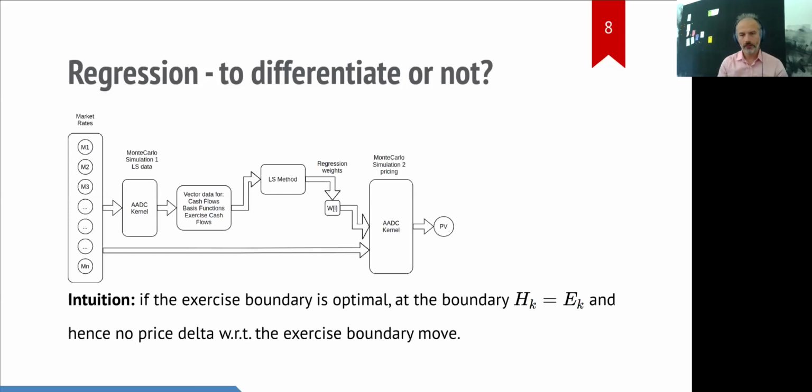So at the exercise boundary, if it is optimal, your holding value is equal to exercise value. So if you change the market data and your exercise boundary moves, its move will not make a difference on the price because hold value and exercise value are equal. And if this is the case, you don't actually need to differentiate your regression.